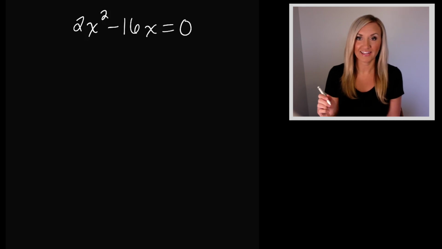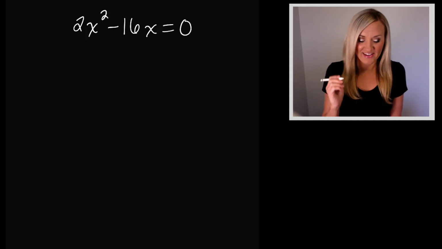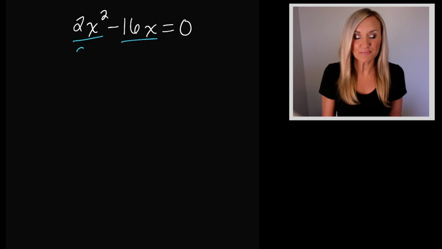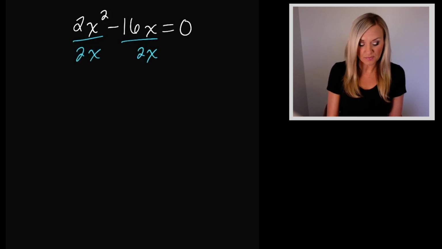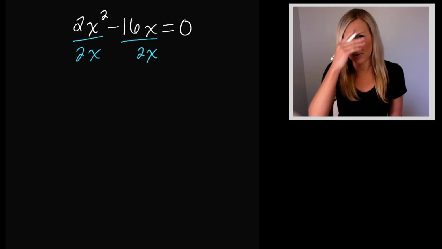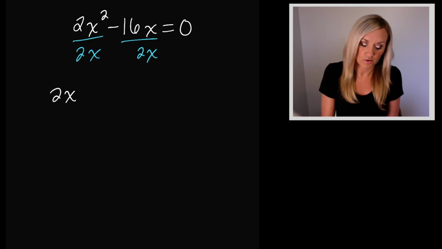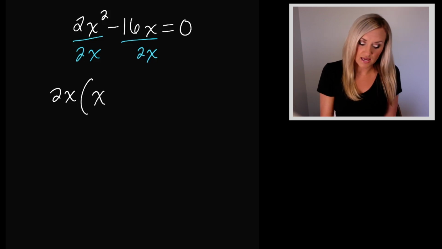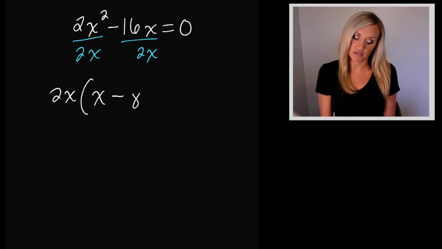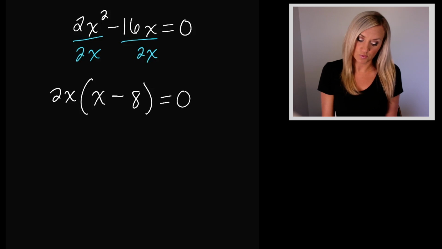All right. Here we go. I noticed that both terms can be divided by 2x. And then I'm going to rewrite this equation now in factored form. So the 2x, our greatest common factor, comes out front, and then it is just x minus 8 equals 0.